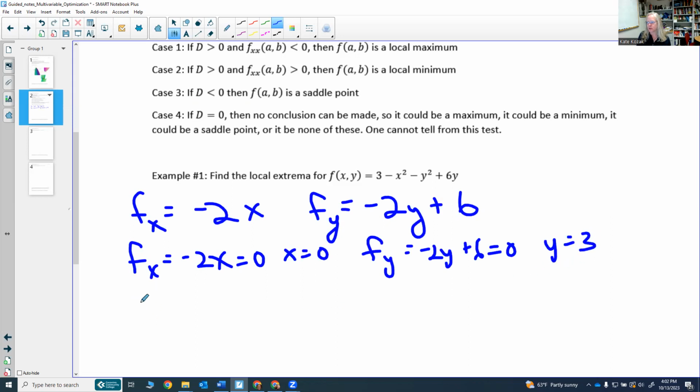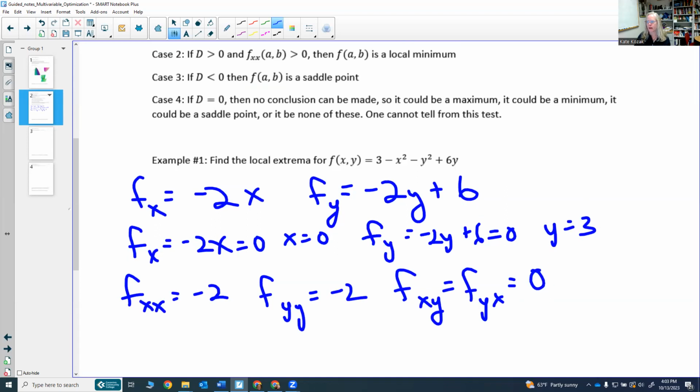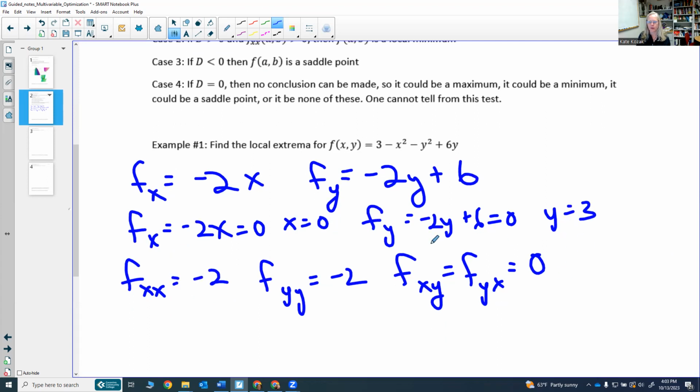Now find the second partial derivatives with respect to x and y. So f sub xx is going to be minus 2. f sub yy is going to equal minus 2. And f sub xy is going to equal the same as f sub yx, which is equal to 0. The critical point is (0,3).